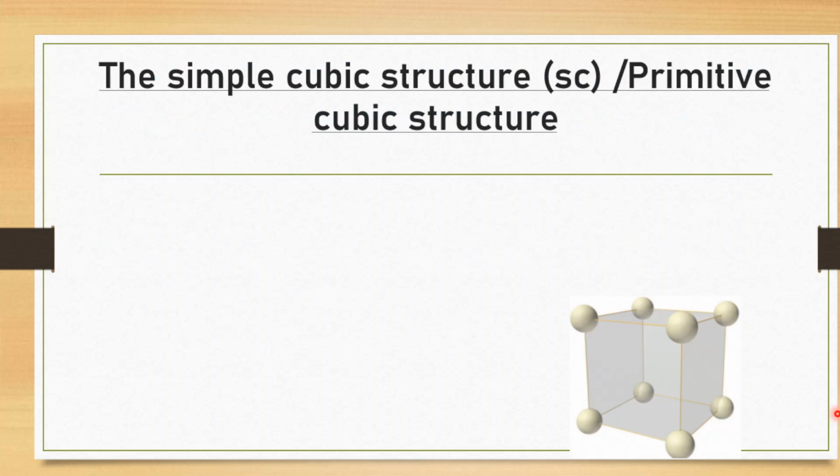Let's move on to the simple cubic structure, SC or primitive cubic structure. Here there are corner atoms, and one corner atom is shared by 8 unit cells. So you should be able to visualize these things.